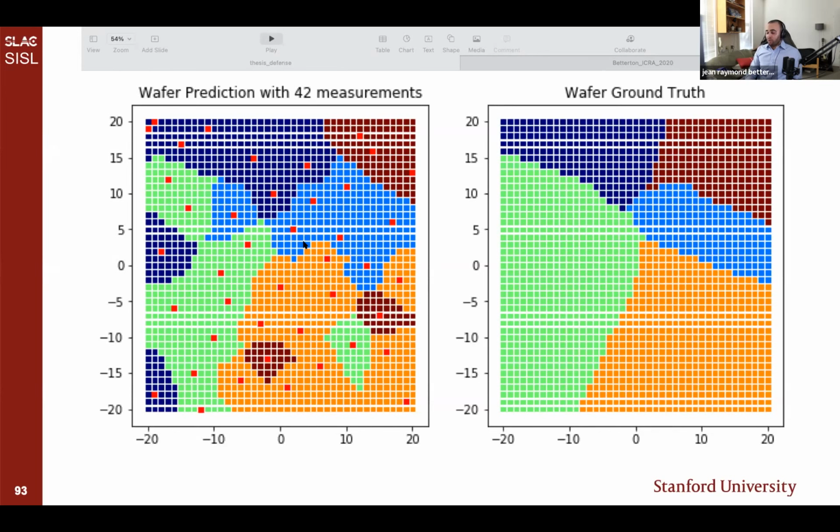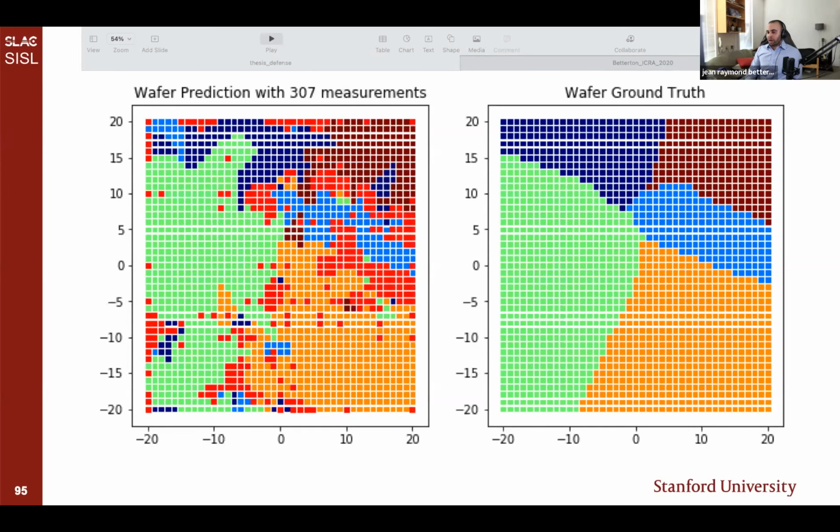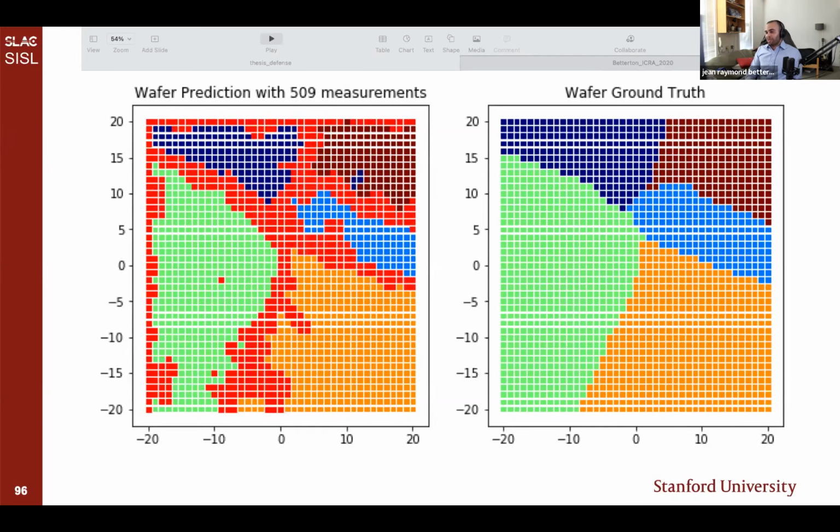But what's really interesting to me is that the reinforcement learning, again treating the k nearest neighbors reconstruction as a black box, given the opportunity to take more measurements, can start to overcome some of the flaws of one nearest neighbor's classification, to the point where it starts to identify noise points itself and surround them with measurements so that it forces k nearest neighbors to do the right thing.